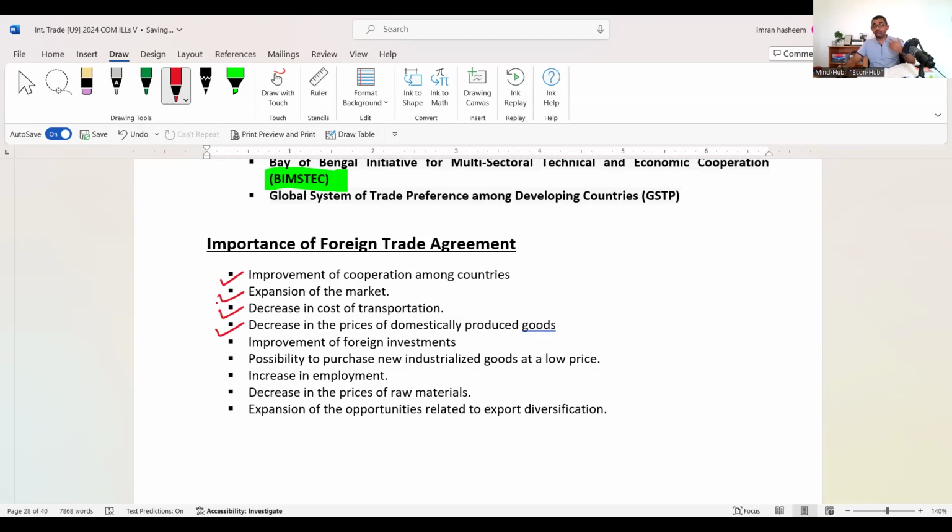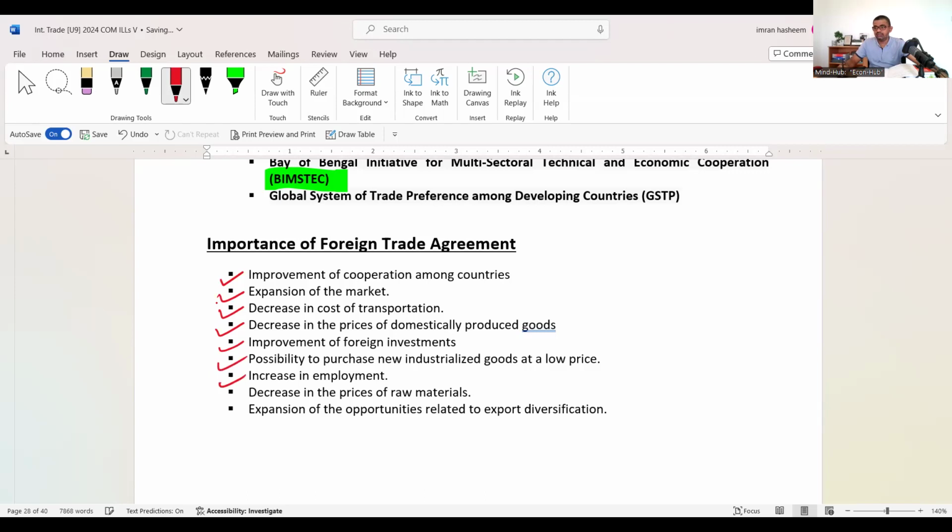Improvement of foreign investment, FDI will improve. Possible to get newly industrialized countries' relatively high quality goods at a lower price with trade agreements.